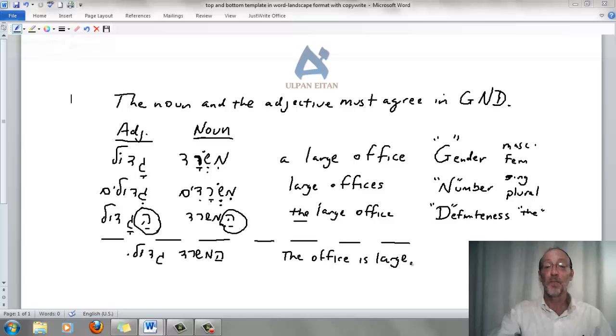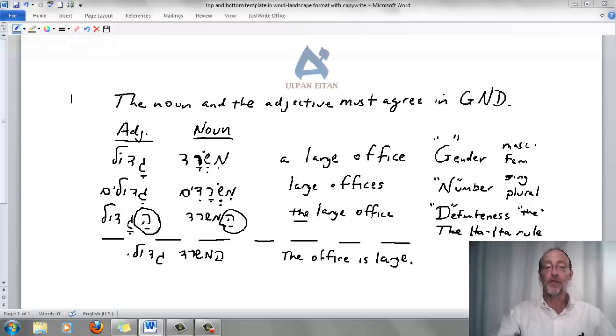And notice, folks, period. And that's why the period's there after the Hebrew as well, because this is called a sentence. Ha-misrad gadol. It's not, as a mnemonic device, the ha rule. That funny rule that I call the ha rule.